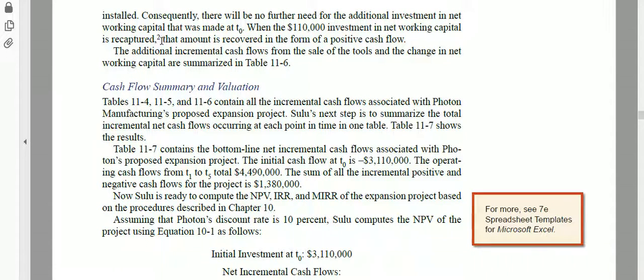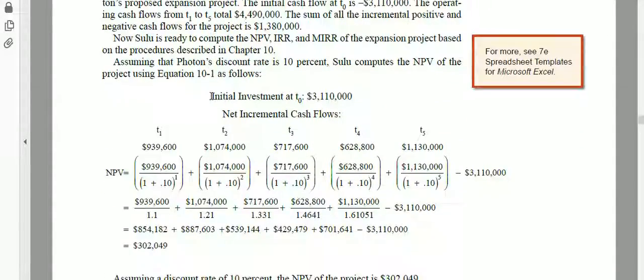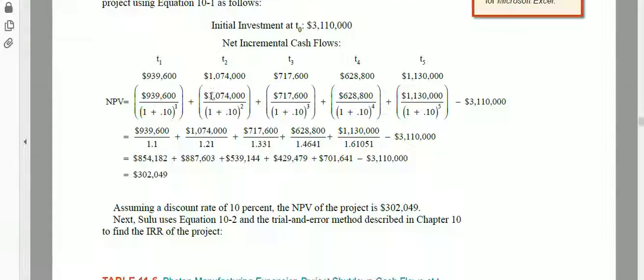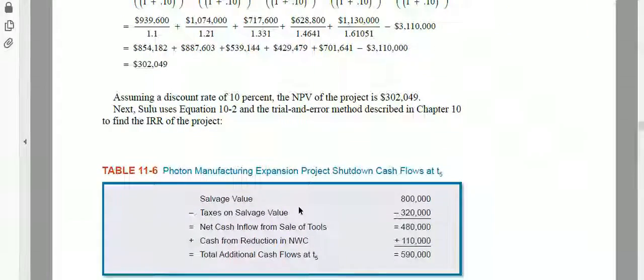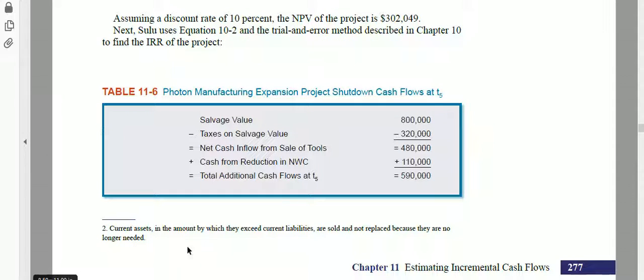So if you go to the bottom, because this has a footnote 2, we can read about this. This isn't actually clear, but this is what the book has on it. It's not as clear as it probably could be. So footnote 2 says current assets in the amount by which they exceed current liabilities are sold and not replaced because they are no longer needed.